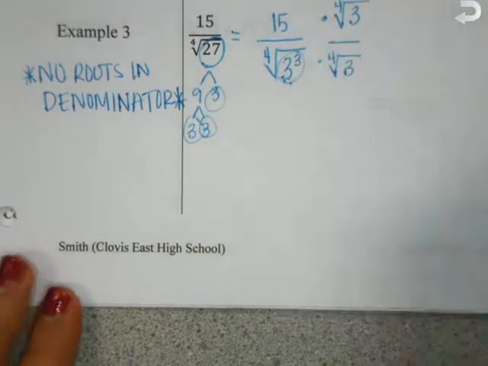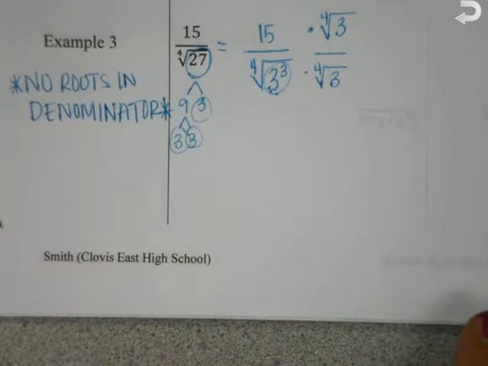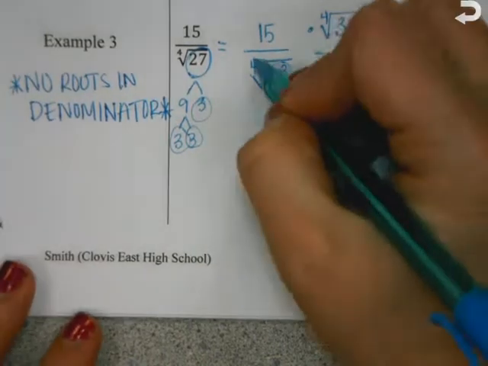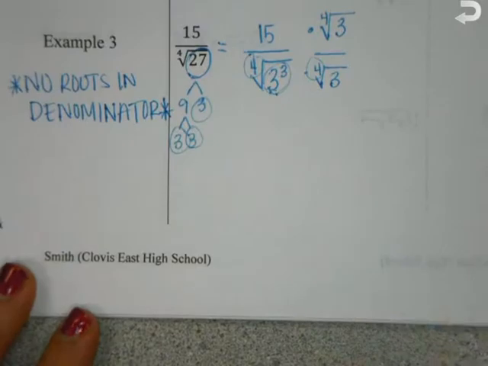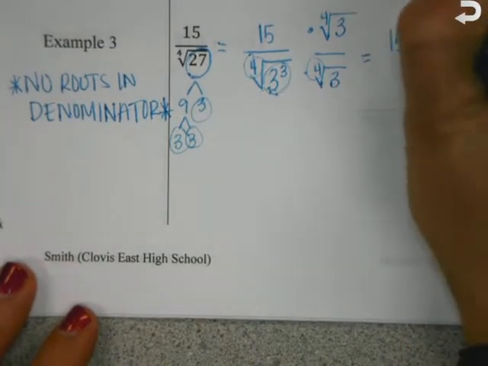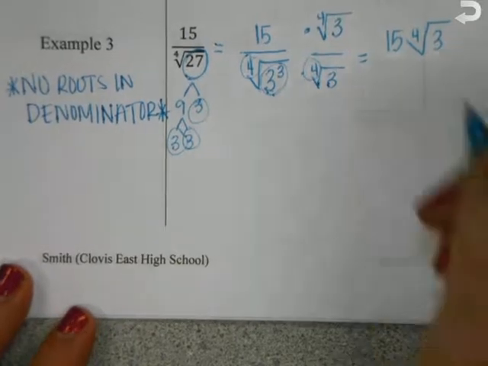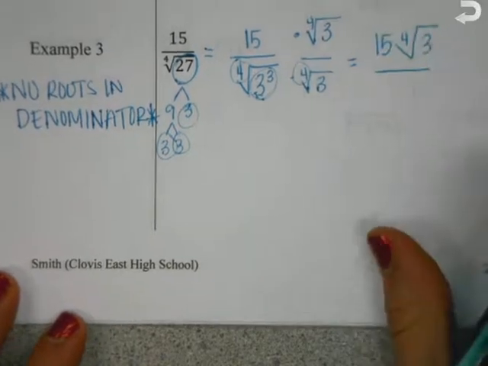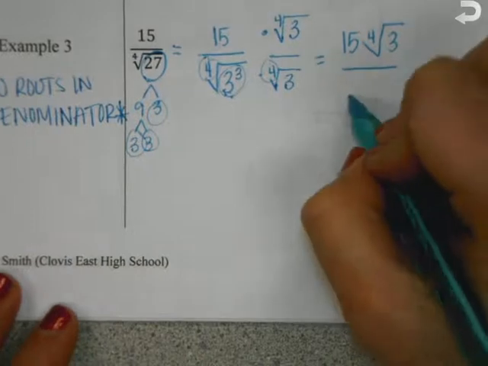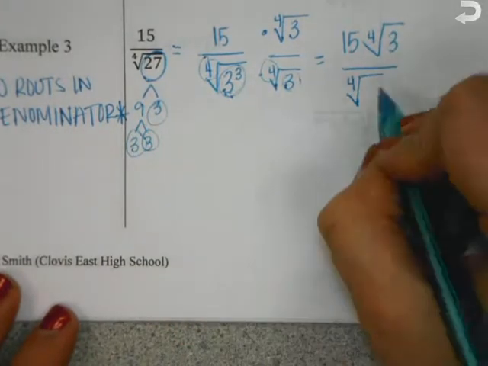Because that rule that we wrote out at the very beginning says that I can multiply as long as the index is the same. So on top, that's going to give me 15 fourth root of 3 all over the fourth root of 3 to the third times 3 gives me 3 to the fourth.